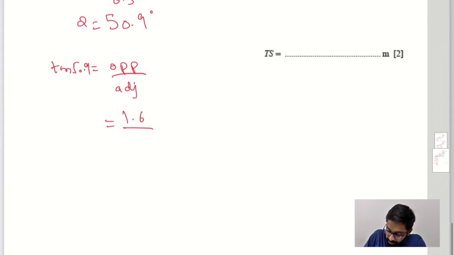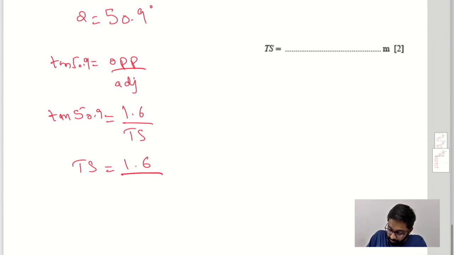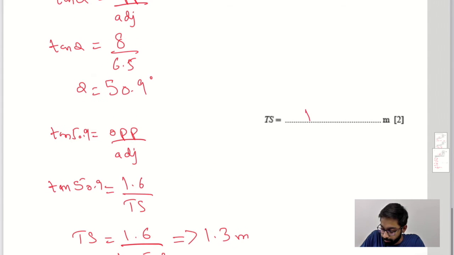So we write TS over here. I switch them, sorry, and TS would be equal to 1.6 divided by tan 50.9. It gives me 1.3 meters. That is your answer.